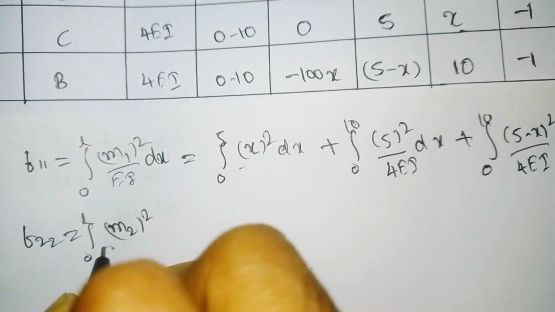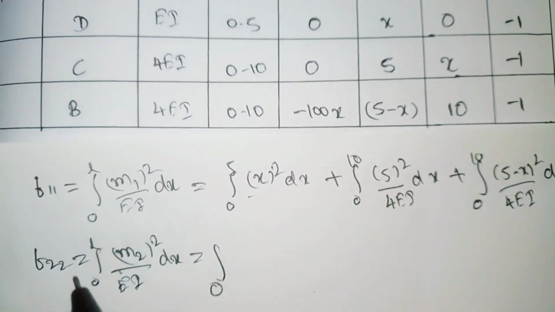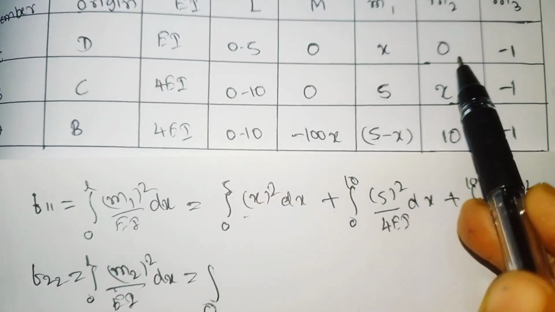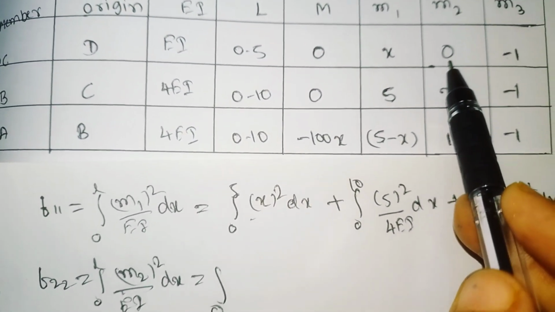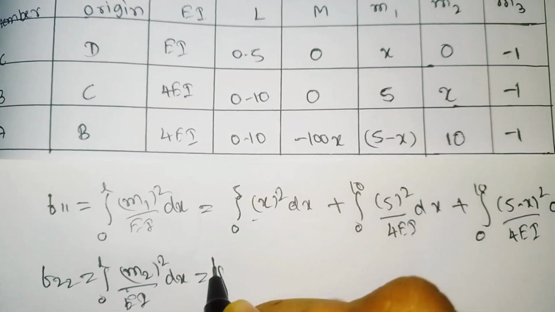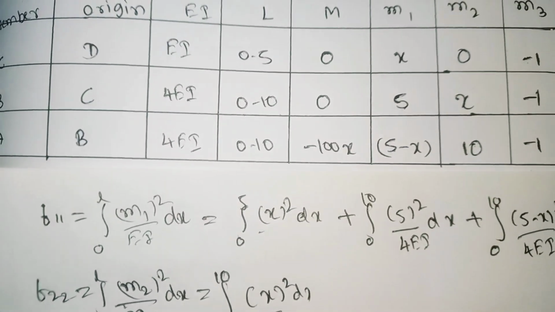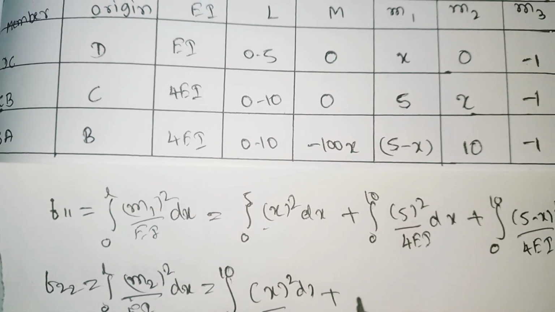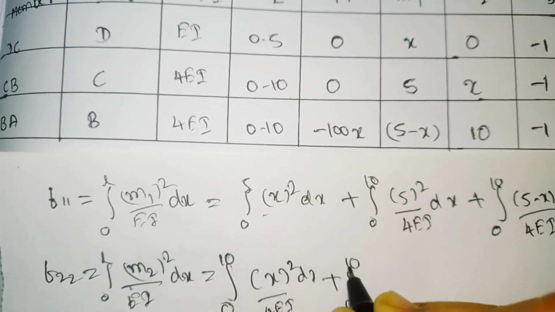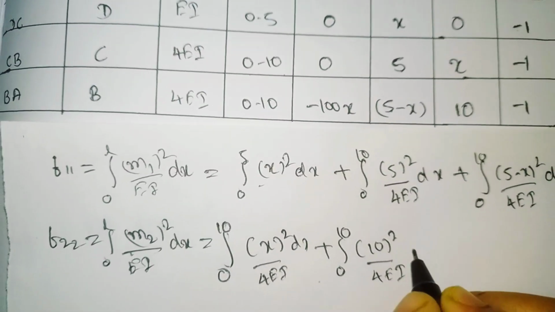Similarly for F22 we have the formula: integration of 0 to L of m2 square divided by EI into dx. For DC, limit 0 to 5, here the m2 value is 0, so we don't need to find this. For CB, we have the limit 0 to 10, integration of x square dx divided by 4 EI, plus for BA, limit 0 to 10, integration of 10 square divided by 4 EI into dx.